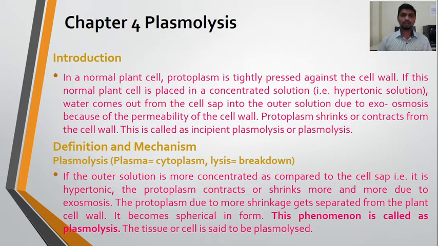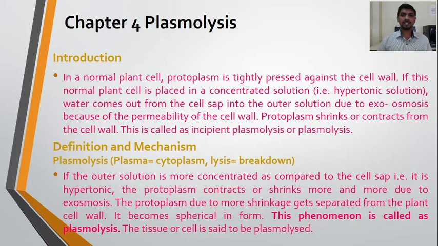This movement of water from the plant cell into the outer hypertonic solution occurs due to the permeability of the cell wall. The cell wall is permeable to water, so the movement of water takes place from the cell sap to the outer solution when the cell is placed in a concentrated or hypertonic solution. Such a phenomenon is called exoosmosis.